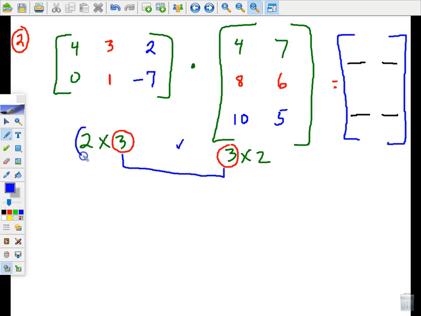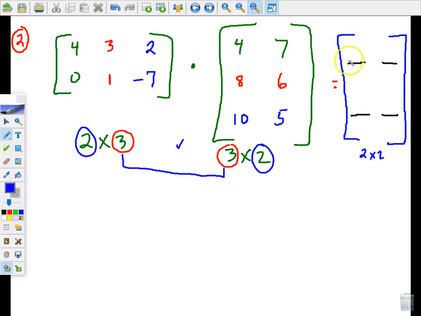And my outside numbers, in this case these outside 2's, tell me that my answer is going to be a 2 by 2. So I went ahead and set up a blank 2 by 2 matrix, and we're going to work on finding out what these 4 numbers are.